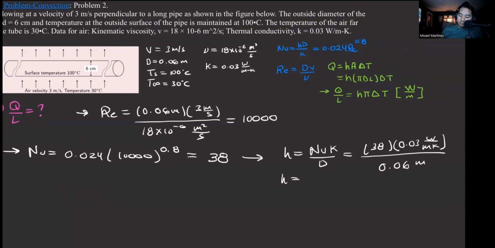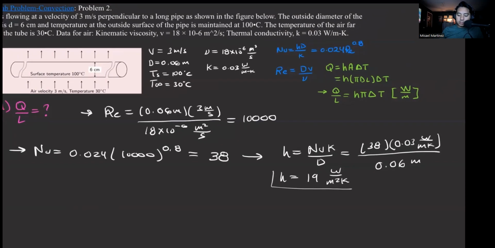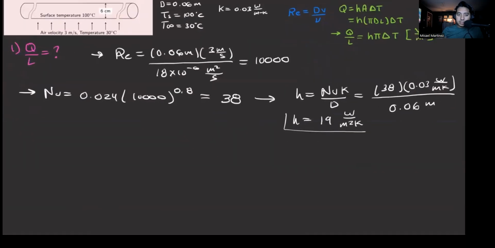If we plug in everything, h should be 19 watts per meter squared Kelvin. Notice how this h is smaller because we have a smaller Nusselt number. The bigger the Nusselt number, the bigger the h. This is the process we use to find the heat transfer coefficient for convection in an empirical way.